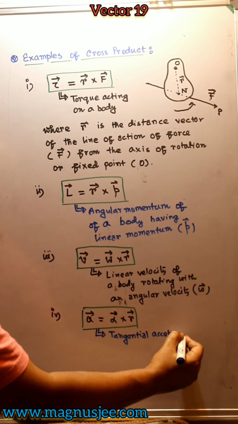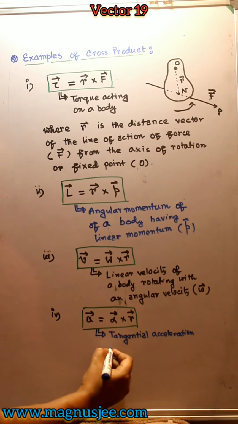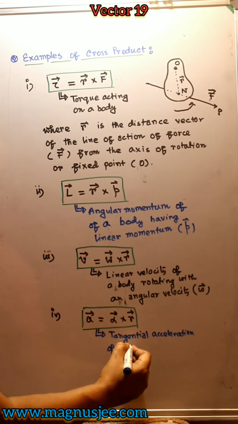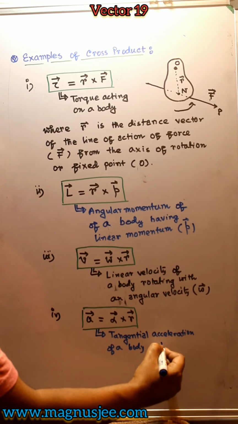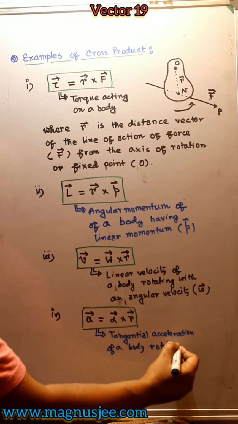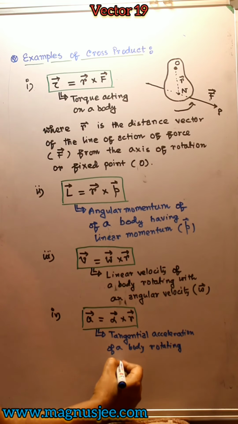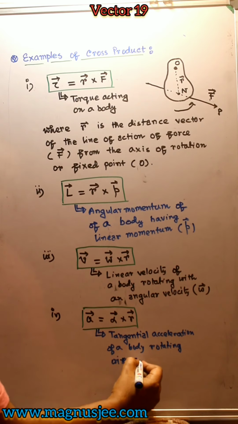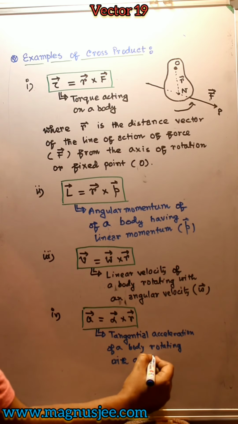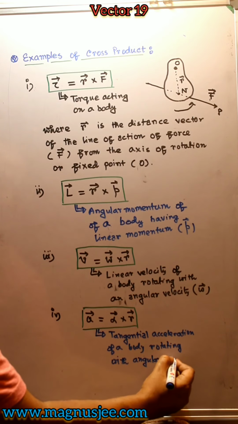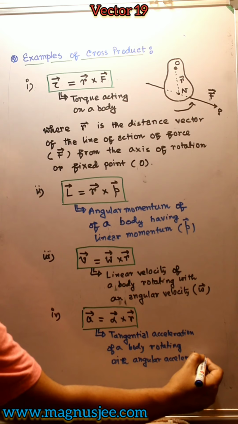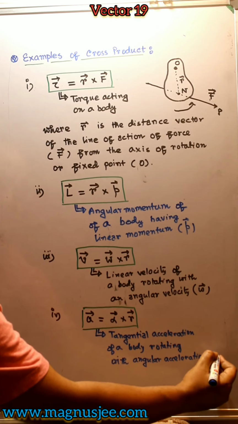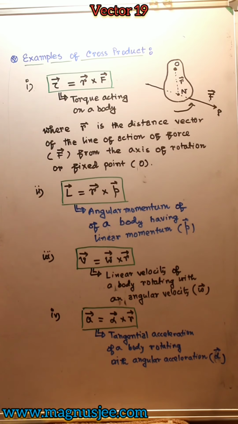Tangential acceleration acts tangentially on a circular orbit, and r is the distance of the line of action of tangential acceleration from the center of the circular orbit or from the fixed point or axis of rotation, and alpha acts perpendicular to the plane containing vector A and vector r. So vector A is the tangential acceleration of a body rotating with an angular acceleration, vector alpha.